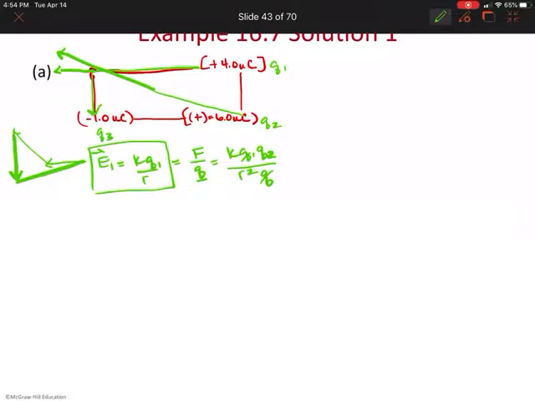So now let's just plug in some numbers. We got 8.99 times 10 to the 9th newton meters squared per coulomb squared, times the charge of 1, which is 4 times 10 to the negative 6th coulombs, divided by your R squared here.